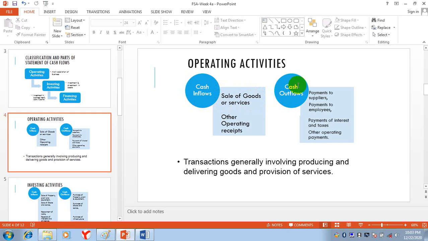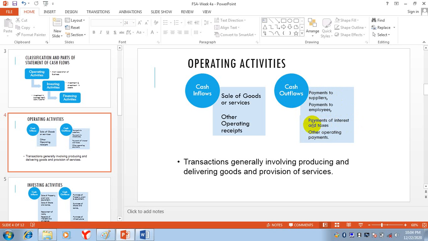Now, which things come in cash outflow? Payments to suppliers, those from whom we purchase raw materials, and if it is a trading business, we are purchasing inventory. Payments to employees, salaries of the employees, are an item of cash outflow.